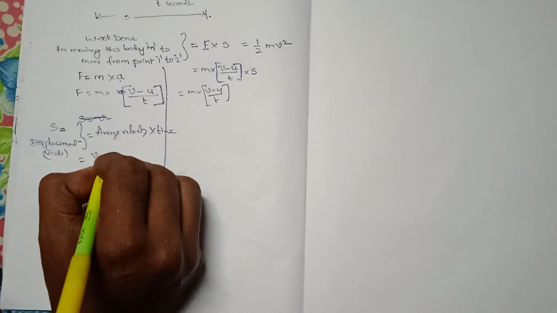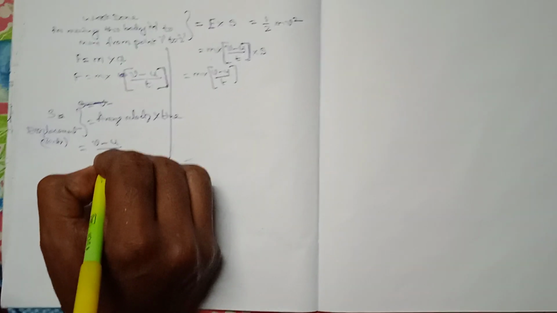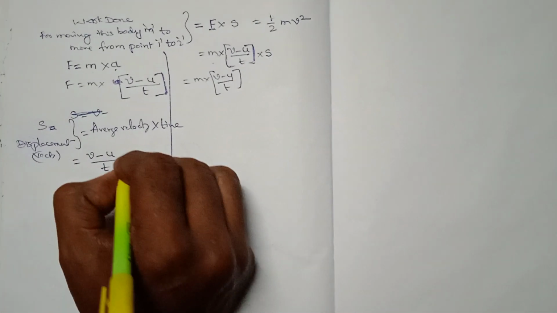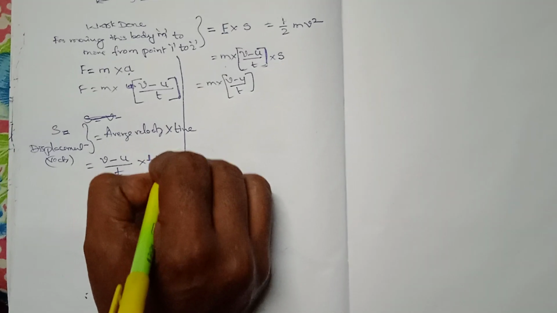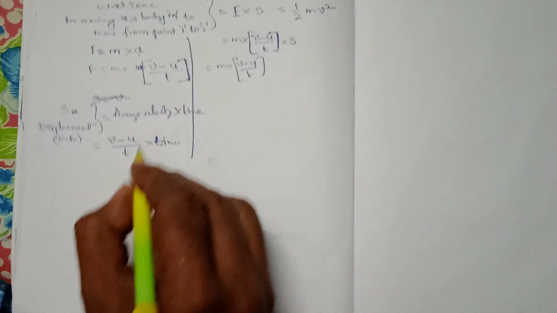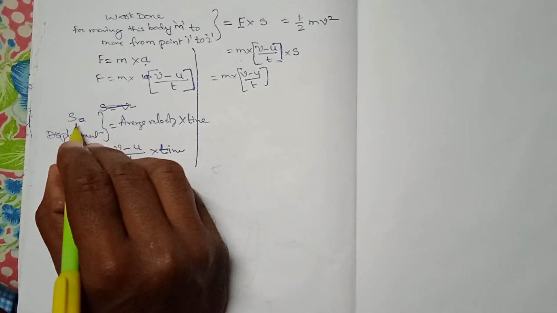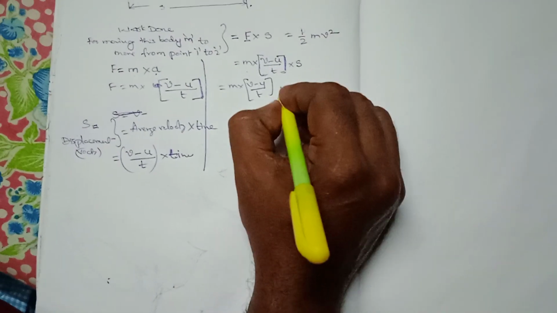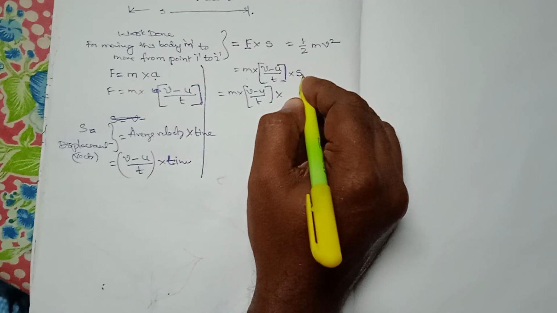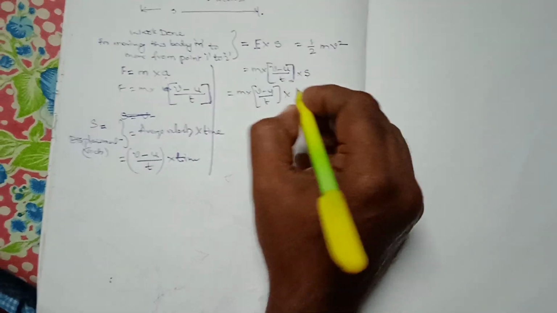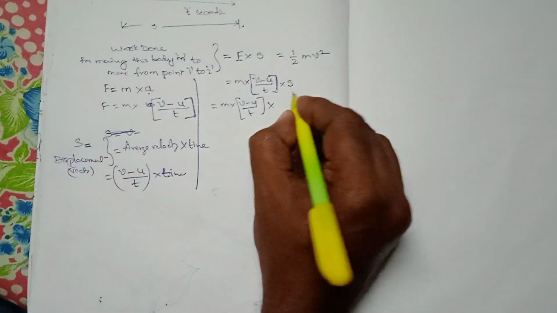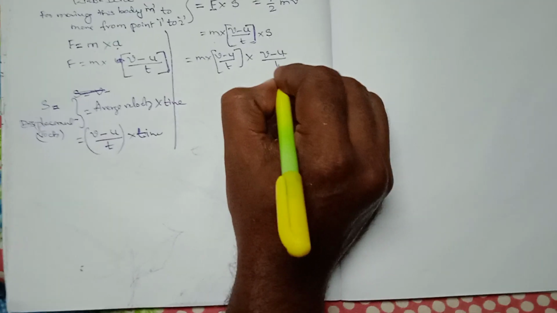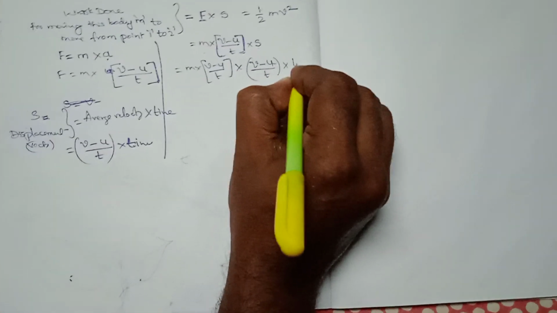Final velocity plus initial velocity divided by 2, into time t. Average velocity into time is the distance covered. So in place of distance I am inserting this value of displacement, average velocity into time t.